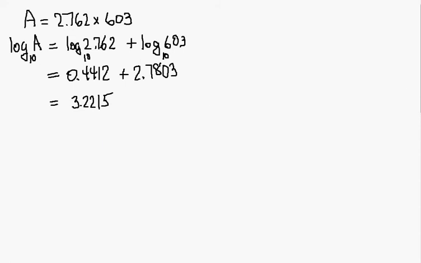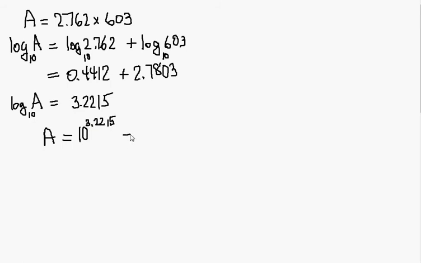And now we have to work in reverse. So the logarithm base 10 of a is equal to this, and therefore a will be equal to 10 to the 3.2215.